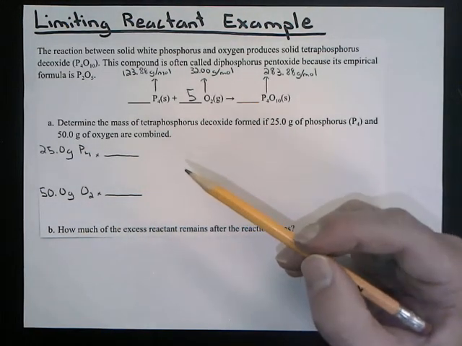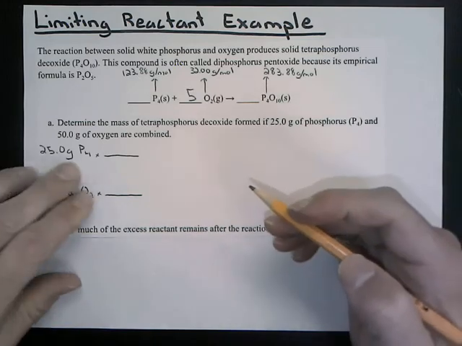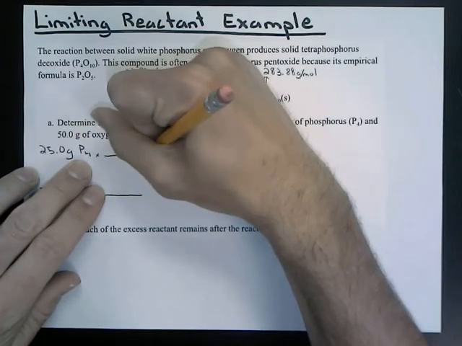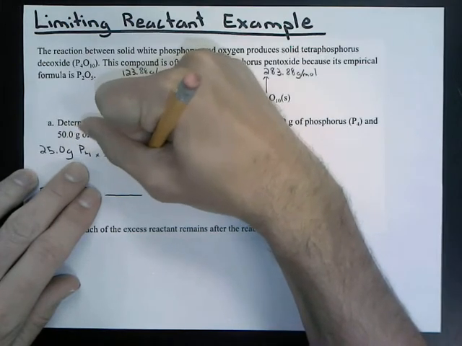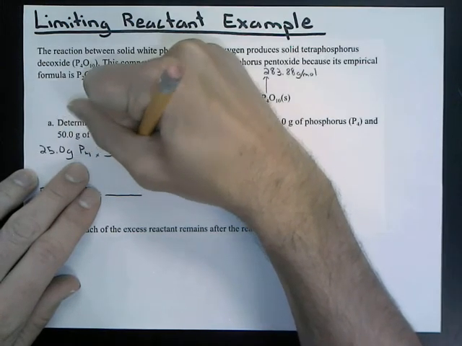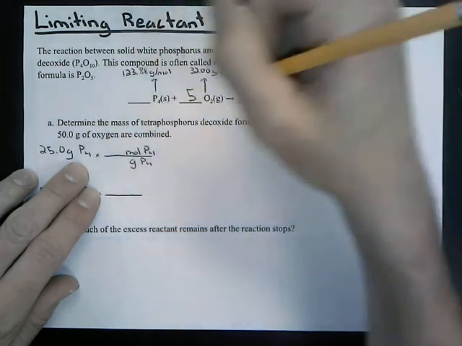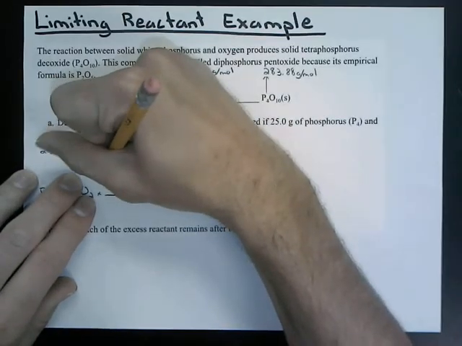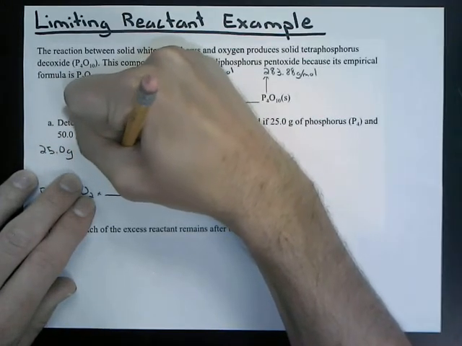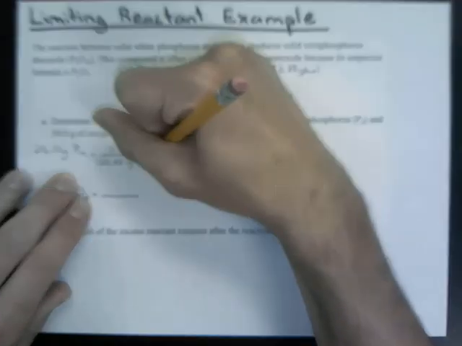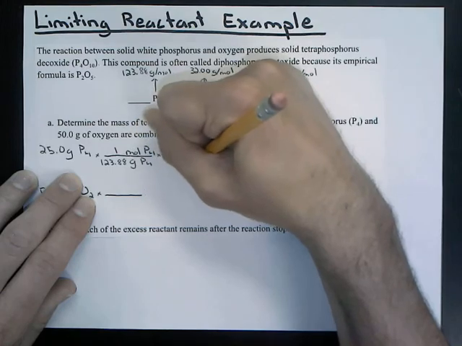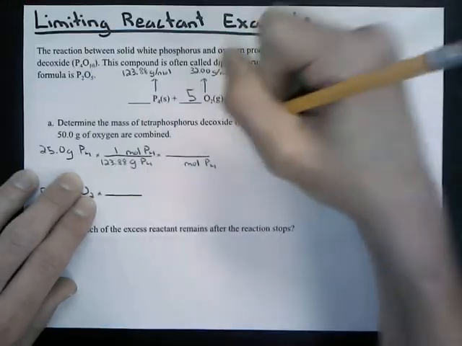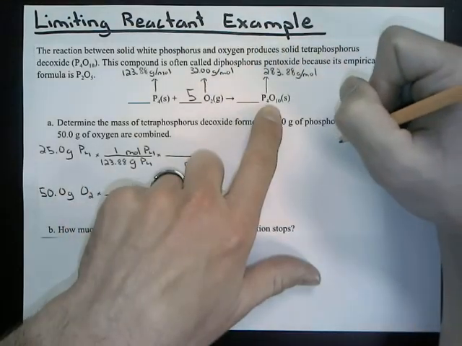Okay, so what we need to do first, we're going to convert grams of P4 into moles of P4. So we have 123.88 for every 1 mole. Now we got to go from moles of P4 to moles of P4O10.